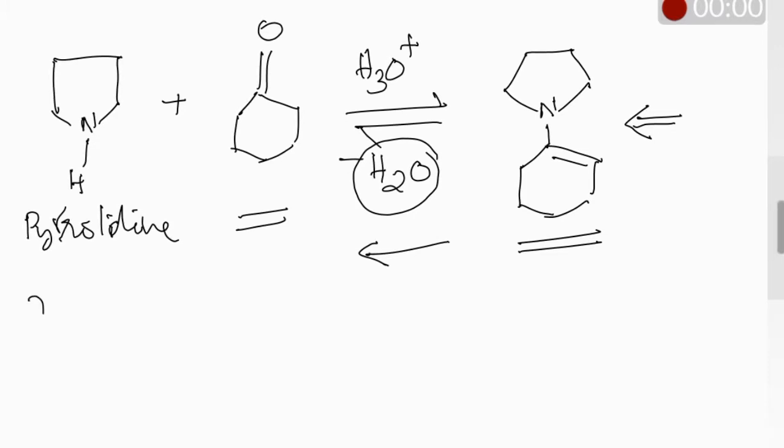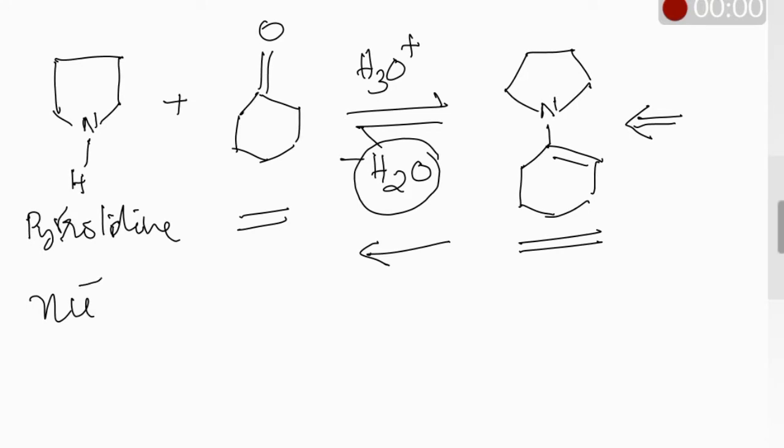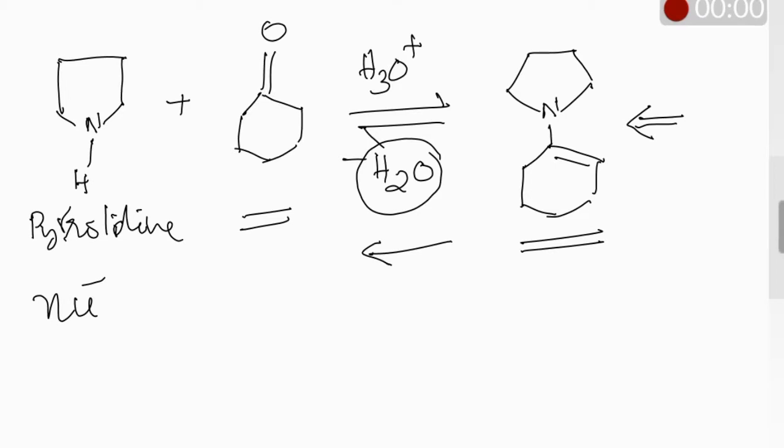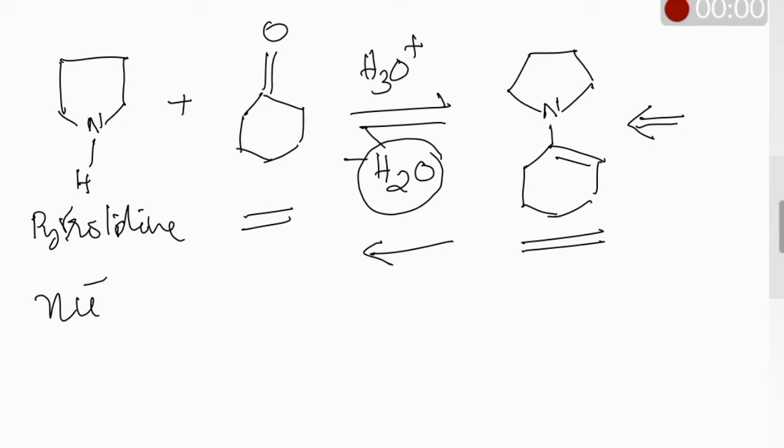These enamines, just like the enols, will also act as nucleophiles in the same fashion as enolates. And because of this, the enamines could be a synthetic equivalent of enolates in many reactions.